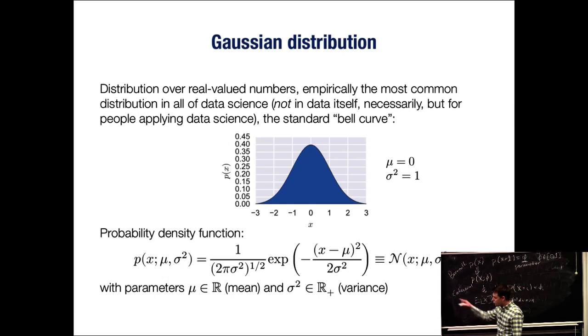Just know that if you do compute that, it is equal to mu. And if you compute the variance, which is the expectation of x minus mu, squared, that will equal sigma squared.